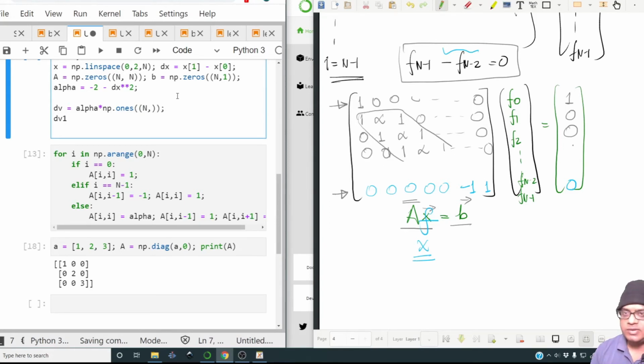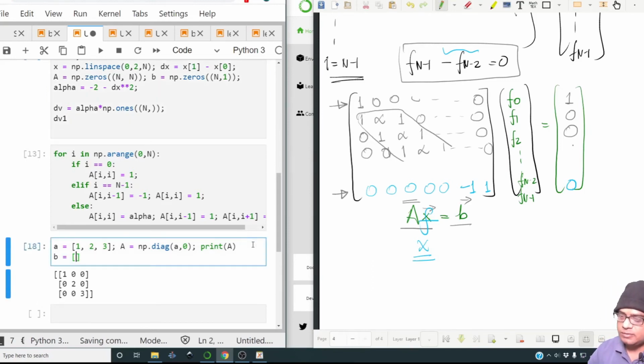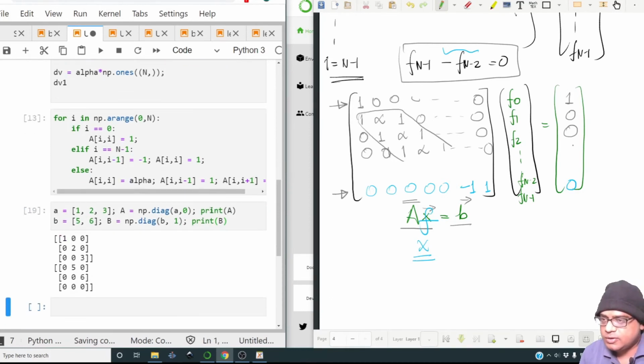The second argument is the offset. So if b is equal to 5, 6 and I write b equal to np.diag(b, 1), then let me print b. It's going to take the vector and put it in the shifted location relative to the diagonal.